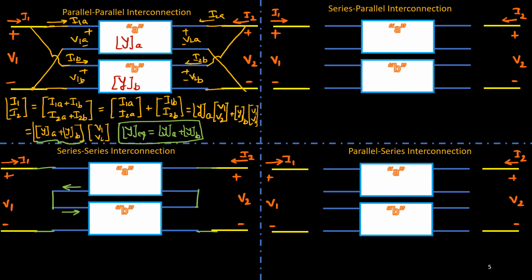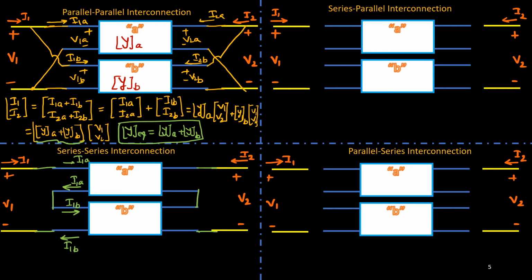Exactly should be the same. By short circuit it should be the same, fine. But this current as well should be the same. So this current is I1A, so this current should also be I1A, and this is I1B. This also I1B. So that is one condition.